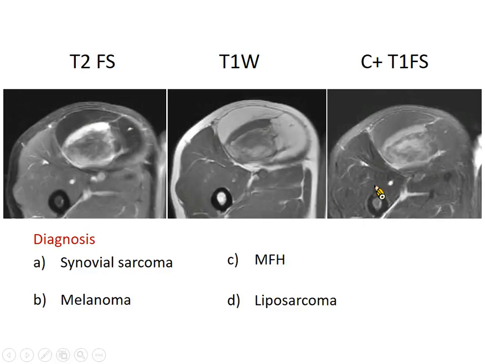T1, here we can see, is a fat-containing tumor with soft tissue component. Right? And after Gad, enhanced with heterogeneous signal intensity. So it could be a sarcoma. Is it a synovial sarcoma, melanoma, MFH, liposarcoma? Wow, all correct. Congratulations.